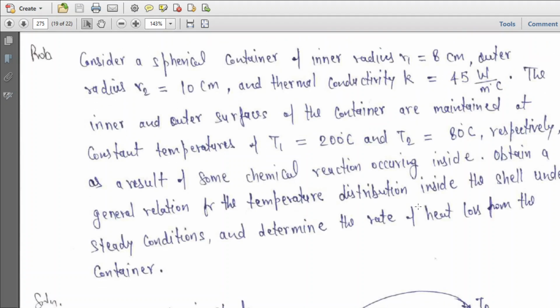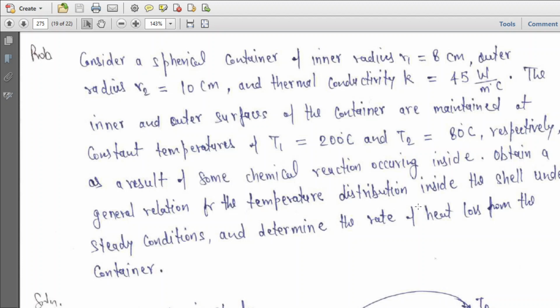Now another example, we are considering here heat transfer in spherical coordinates. Consider a spherical container of inner radius R1 equal to 8 cm, outer radius R2 equal to 10 cm, and thermal conductivity k equal to 40 watt per meter per degree Celsius.